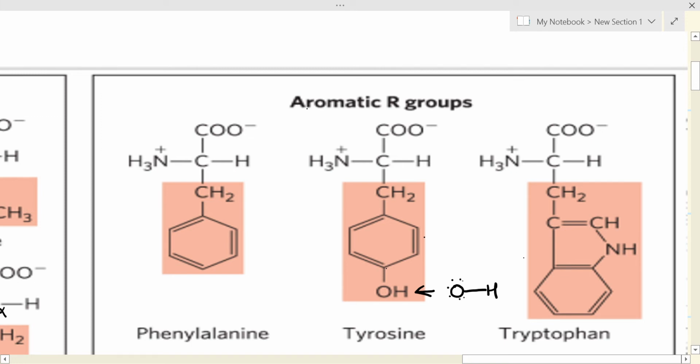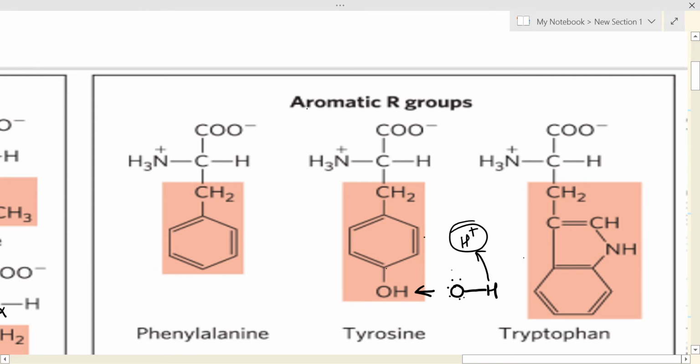So if we dissolve tyrosine in any chemical medium, then this OH bond will have the tendency to cleave and release a hydrogen ion into the medium.